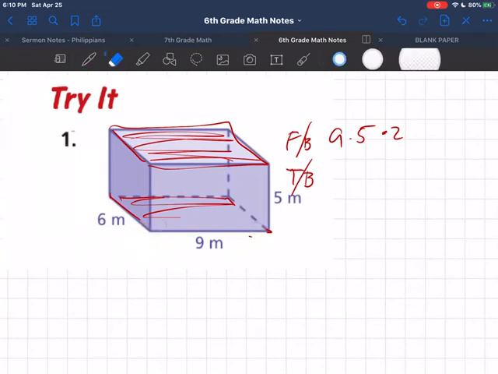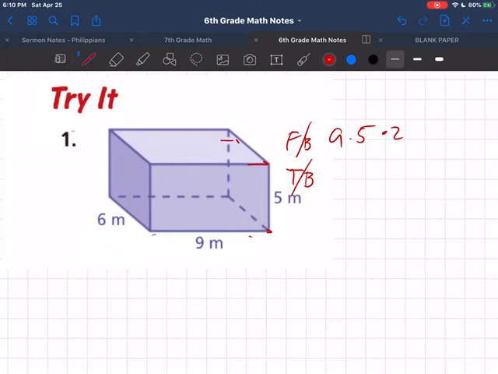The top and the bottom would be something like length times width, right? So that'd be 9, and then that corresponds to this. So it'd be 9 times, let's see. Did we mess that up? On this one up here, this would be 6.